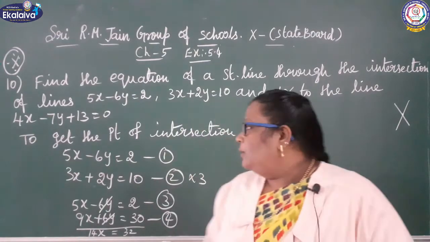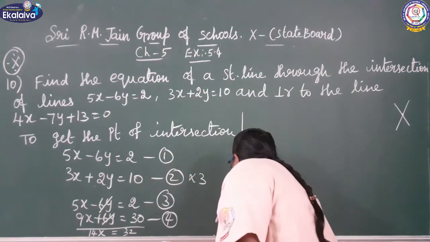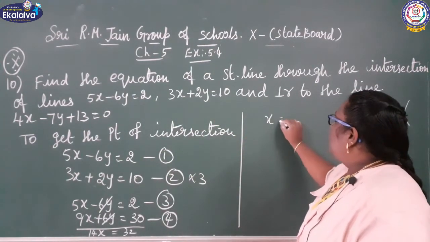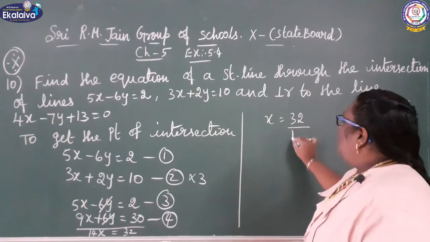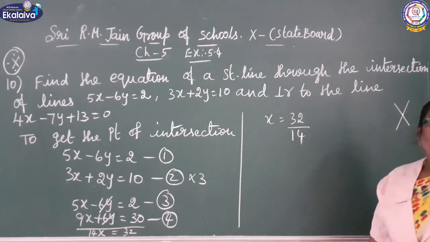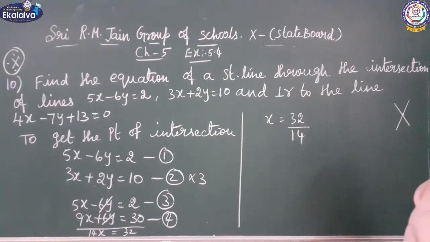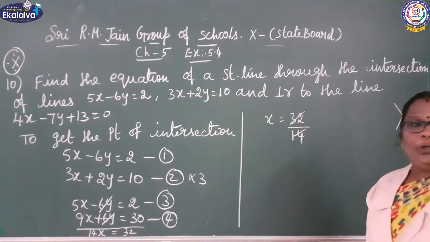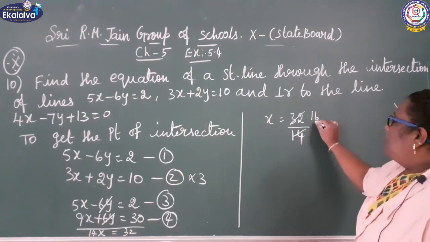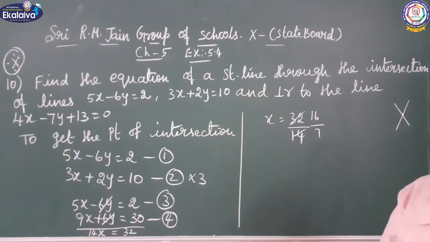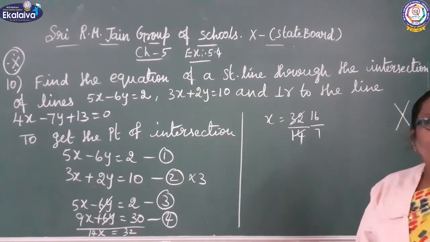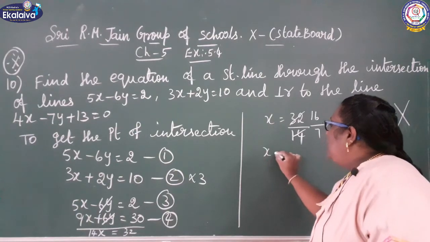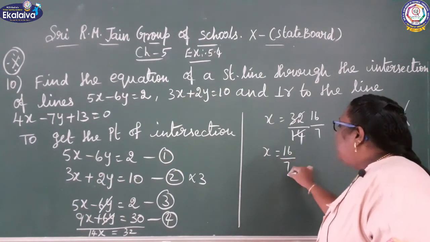X equal to 32 by 14. Cancel by 2 table, 16 by 7. 7 2s are 14 and 16 2s are 32. So x value equal to 16 by 7.